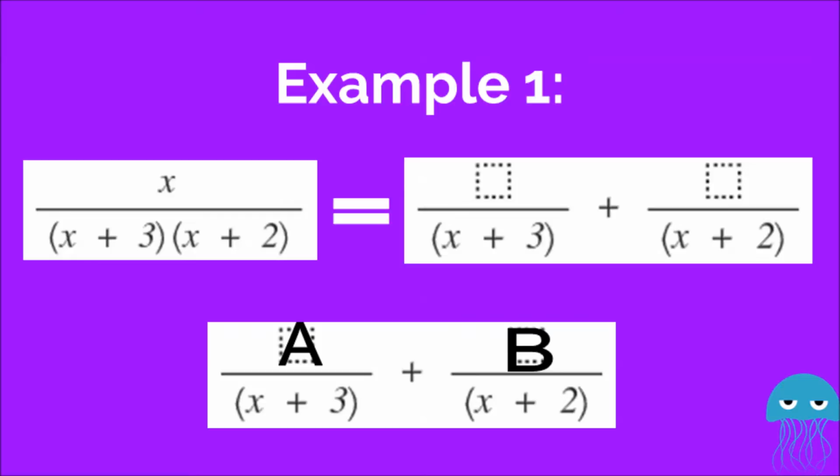And we represent these constants with variables, starting with a, and then we just go throughout the alphabet and use letters according to how many factors we had to break the original rational function into.